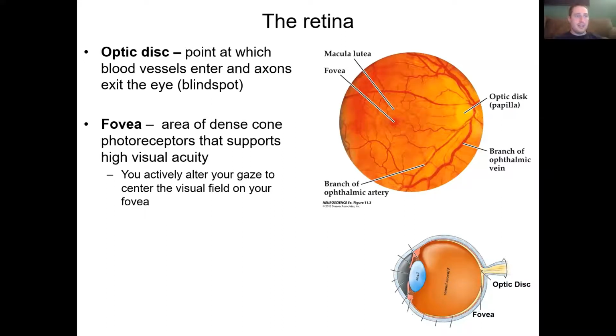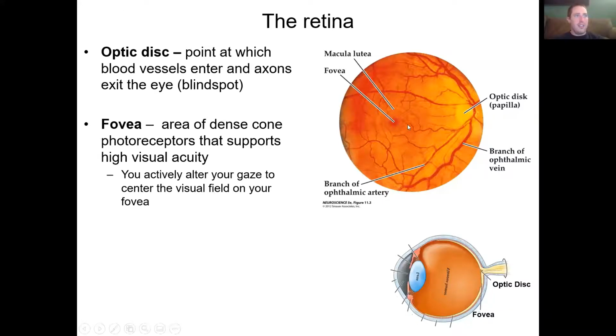And since it's full of blood vessels and axons, there's no photoreceptors there, so it gives you your blind spot. It's a spot in your retina that can't see, and you've probably seen this if you do one of those tests where you look at a spot and then close one eye and a second spot goes away. But usually the blind spot's not a problem because our other eye covers for it.